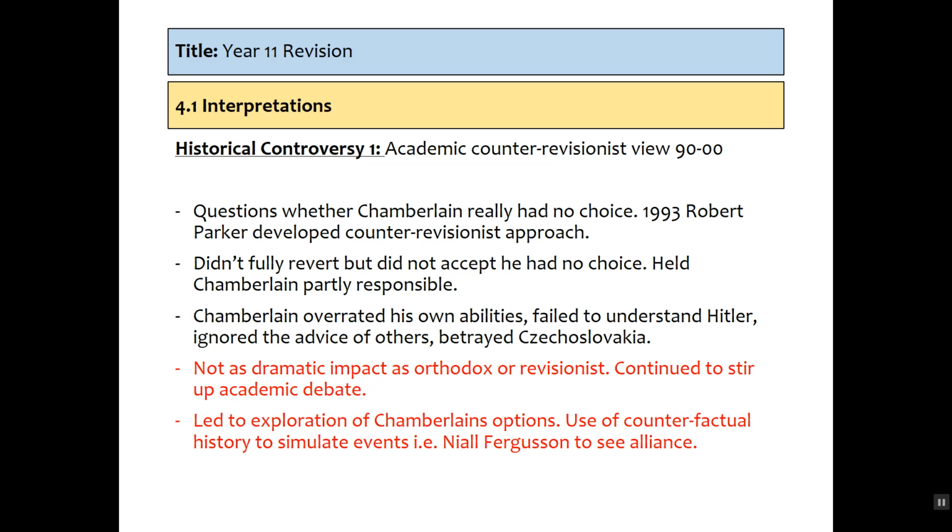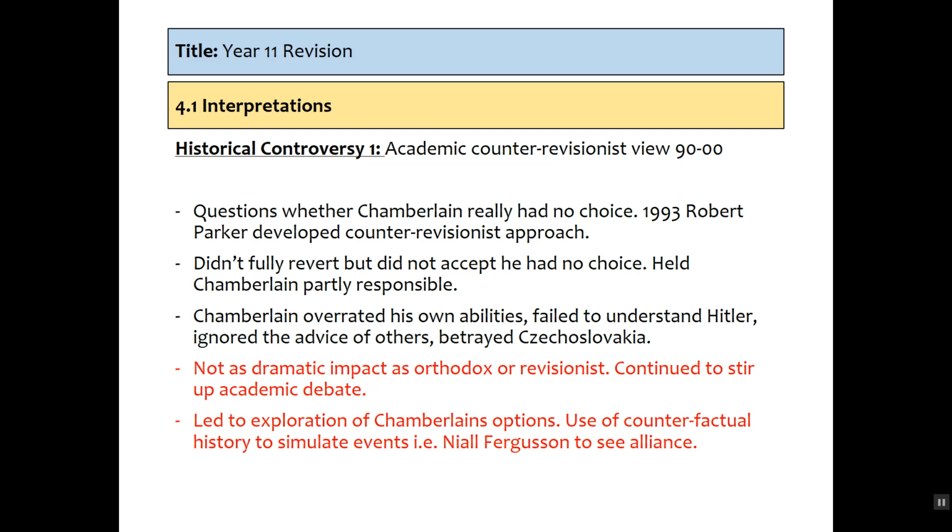Now, where does this change come from? It comes from the historical debate at the time. An academic historian's job is to disagree with other people and to refine these ideas and interpretations. We've got new Russian sources, the end of the Cold War in 1989. That reveals USSR documents that we're able to pore over, and it gives us new approaches and insights into appeasement, especially Hitler and Chamberlain.